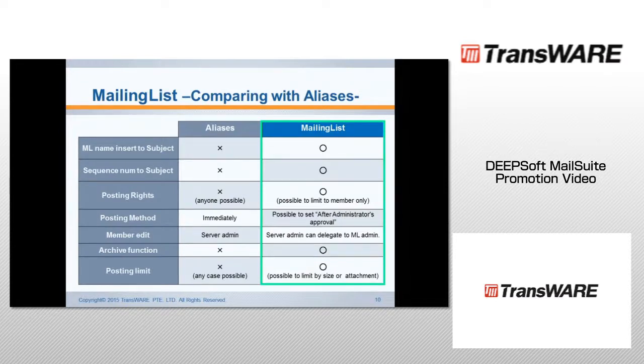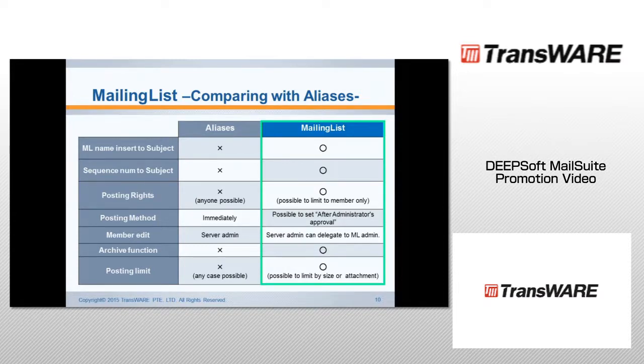On a similar function, you must have known aliases. There are various differences between the MailSuite mailing list and aliases when compared with this tool. For example, the mailing list has a function to insert the mailing list name and sequence number into the subject. And in the mailing list, you can finely set the rights to post and how to post to a representative address.